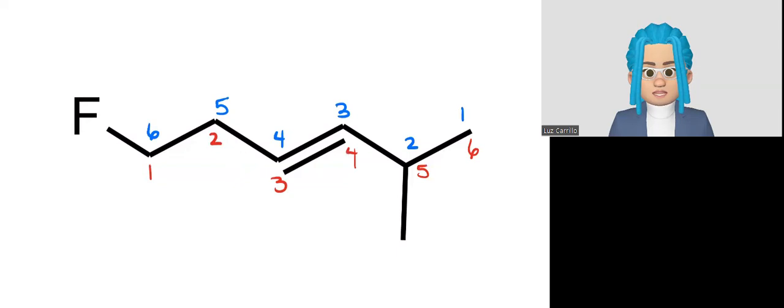In order to break this tie, we're going to select the numbering that is closest to the first substituent. So this is that special case that I talked about in rule number 2. Because of this, the correct numbering is going to be the red one, not the blue one.